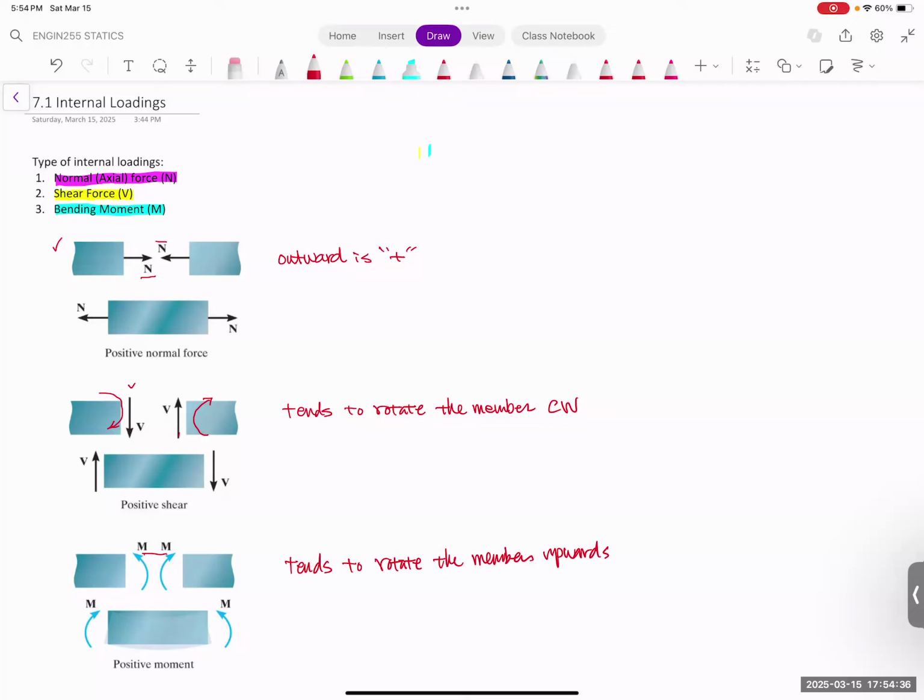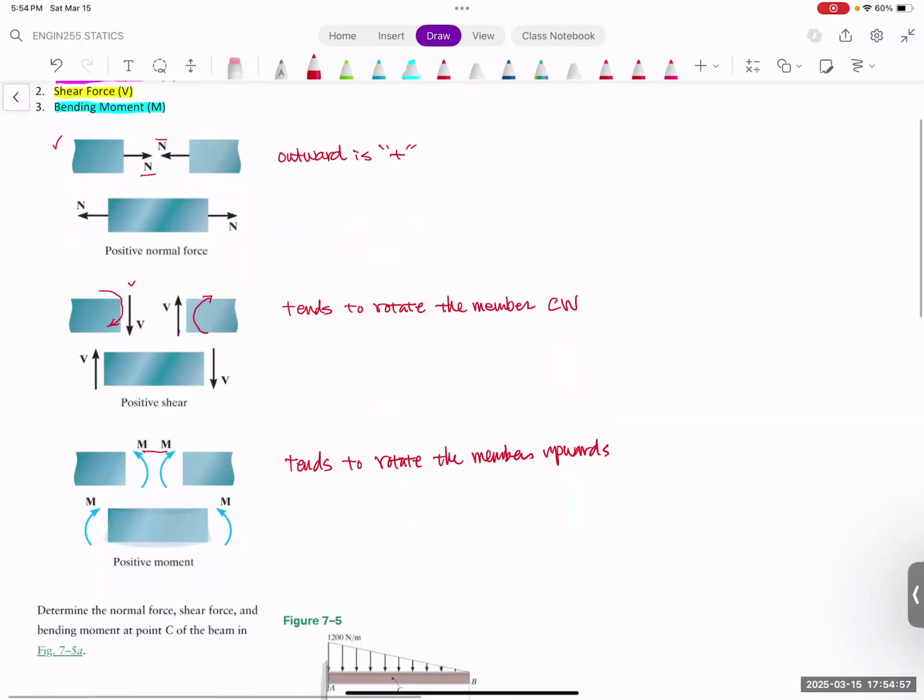It's not defined as clockwise or counterclockwise like when we are calculating a moment. When you're looking at internal loading, when the moment makes the object rotate upwards, that is how we define the positive. So that's the internal loading.